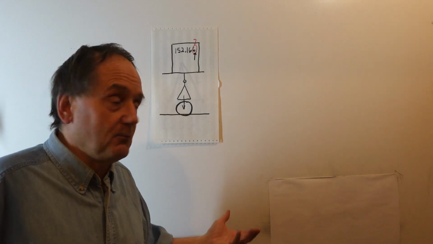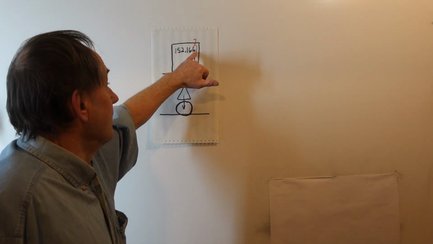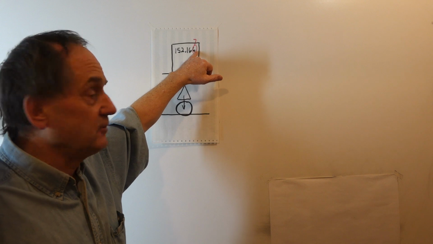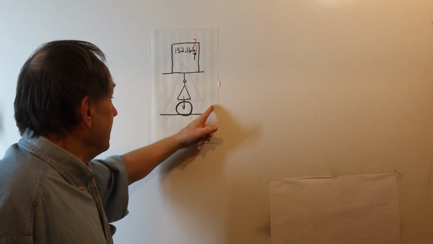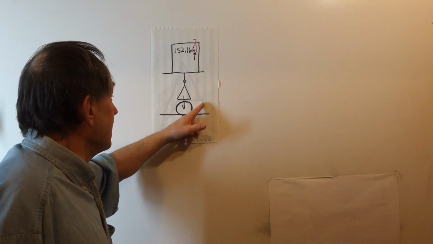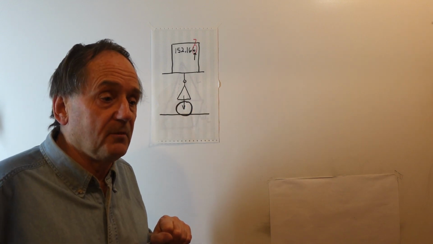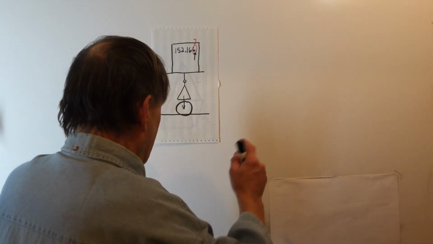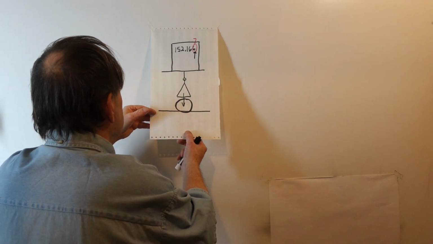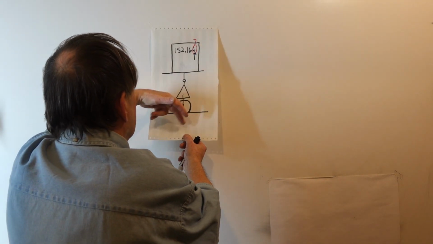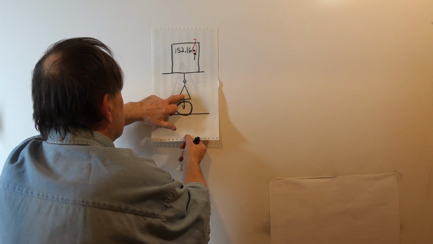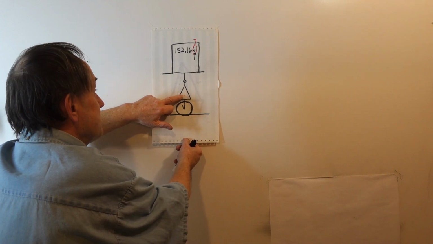There isn't any way that that scale should have a digit increase when a mass, that ball mass, is slid underneath that pyramidal weight.